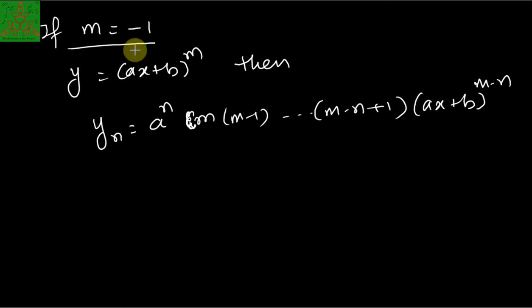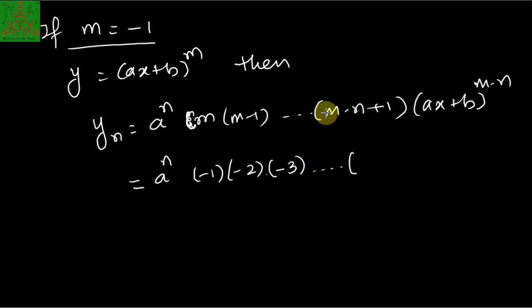If m equals minus 1, then m minus 1 becomes minus 2, the next term will be minus 3, and so on. Minus 1 plus 1 cancels out and we have minus n. This is (ax plus b) power minus 1 minus n.